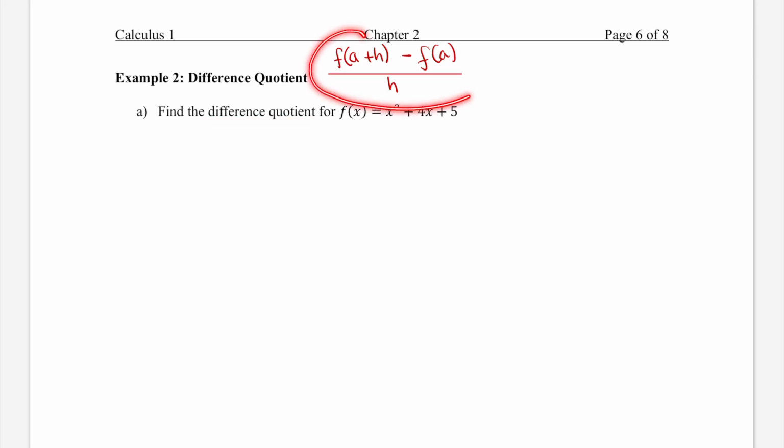Here's the formula for the difference quotient: f of a plus h minus f of a over h. First, we need to compute f of a plus h. We use this function and we will replace x with a plus h.